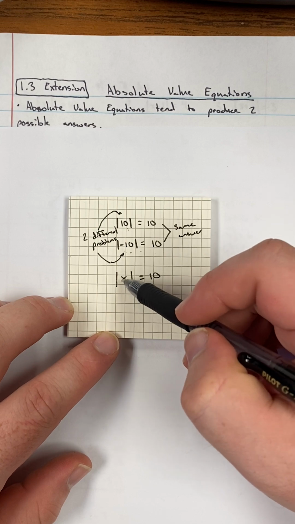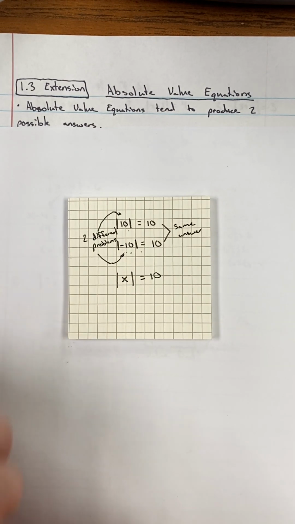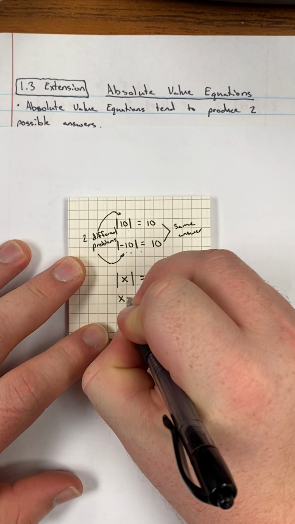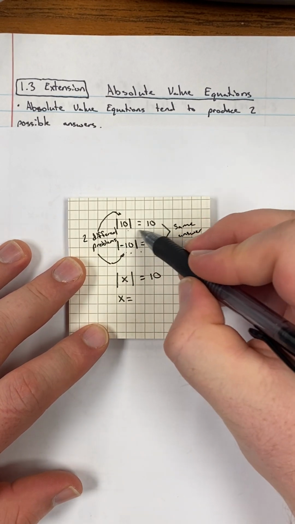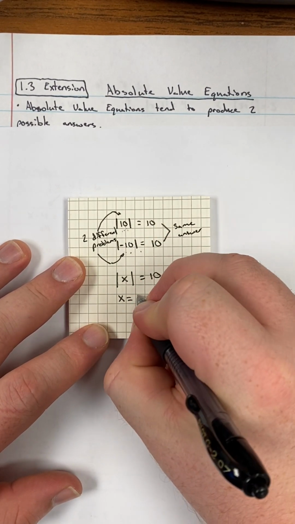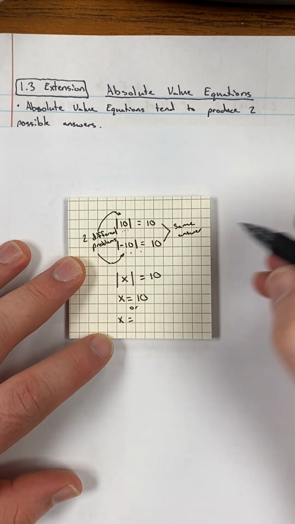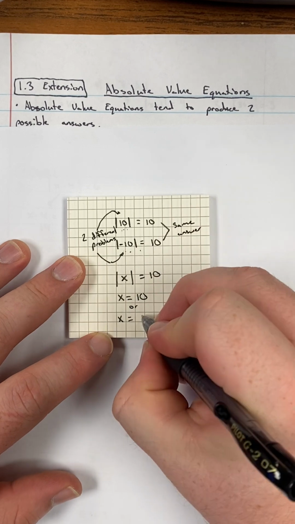You don't know what x is because x could be anything. Remember, x can be any number, negative or positive, right? And so the only thing you can tell me about x is there are two possible answers to x. Either x is the first problem and x is 10, or x is the second problem and x is negative 10.